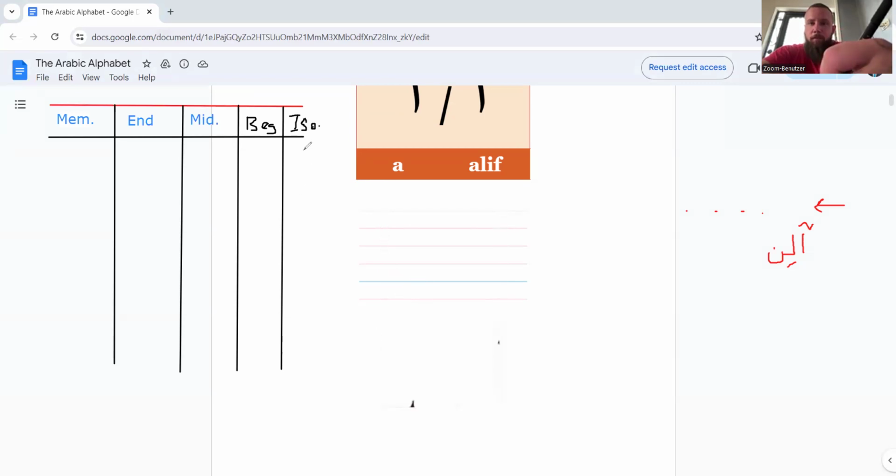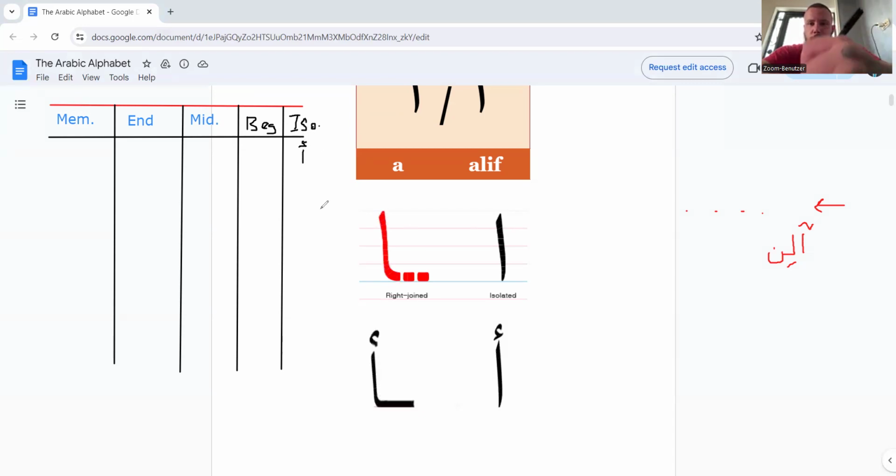Okay, so in the isolated form, we have the alif, which looks like this, and it can have a hamza above it. A hamza looks like number 2 in the mirror. In the beginning, we don't have any connector, so it's the same shape. But in the middle, there is a letter preceding it, right?